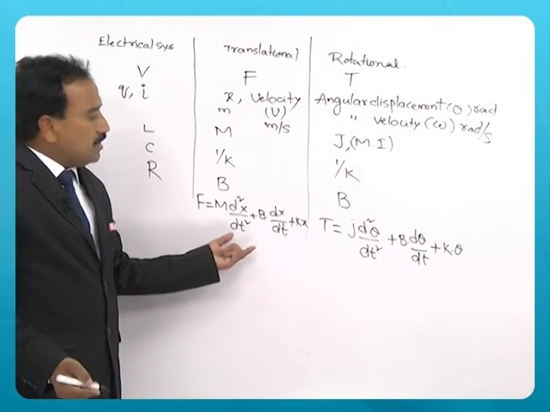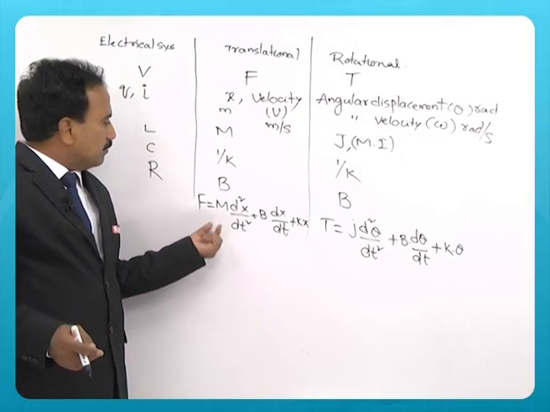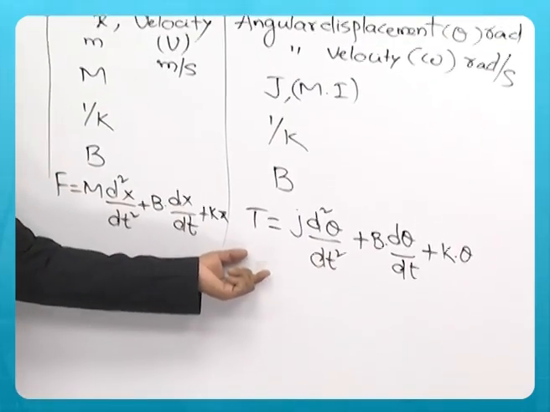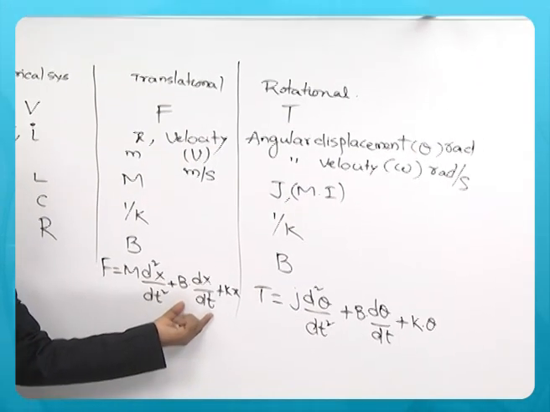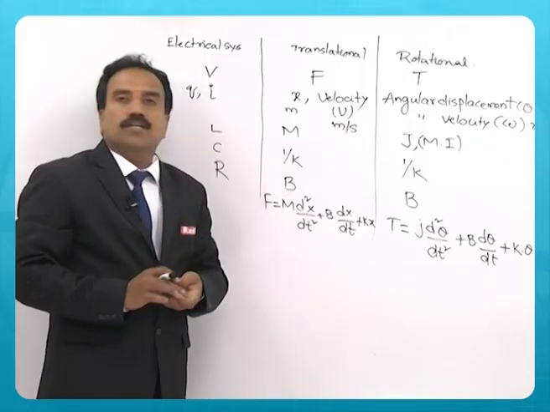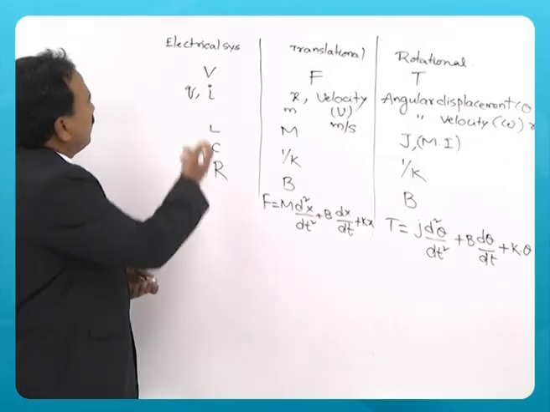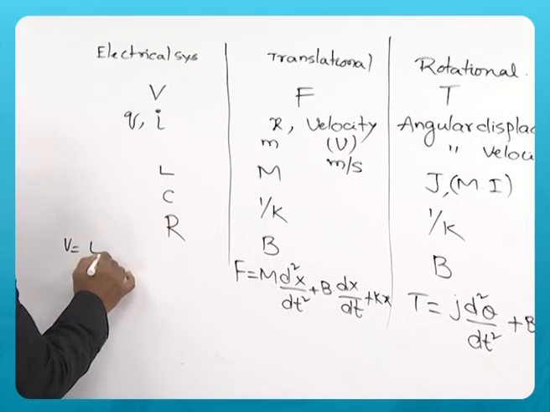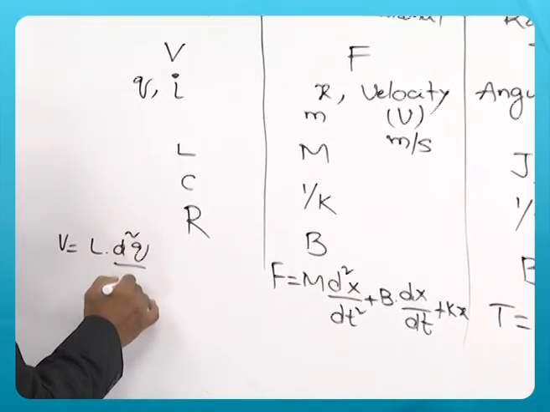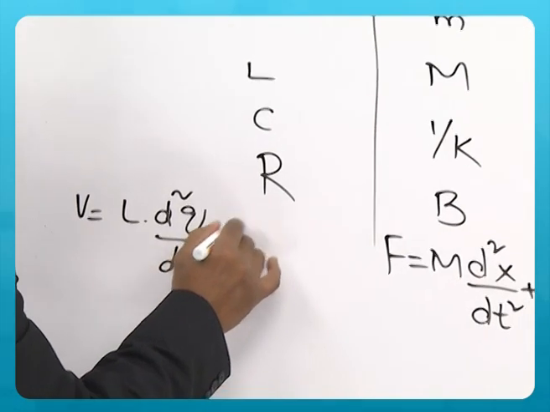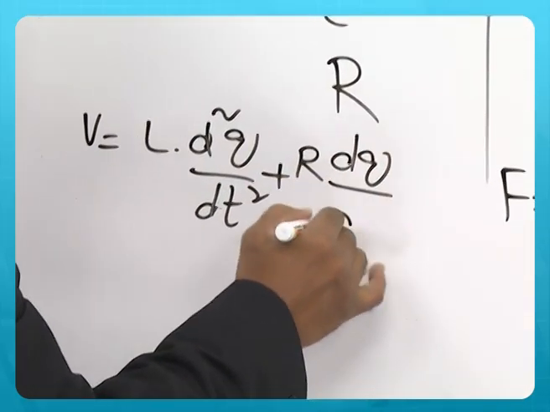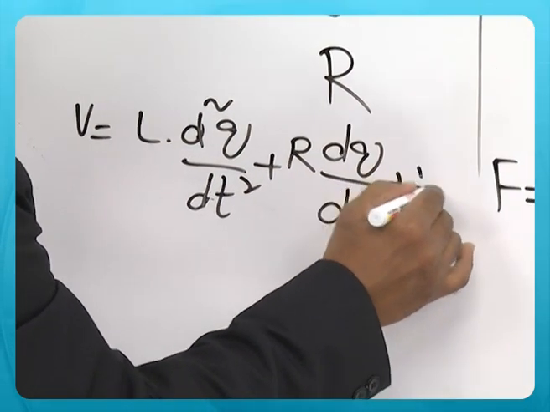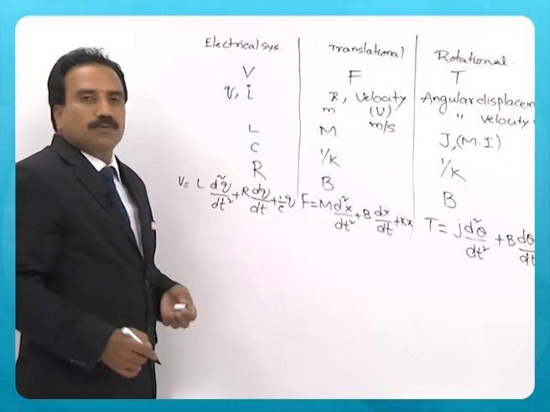So, very easy to remember, you can see that force and here it is a torque, displacement of linear, but here angular displacement. And this equation anyway we have seen just now, V is equal to L d square q by dt square plus R dq by dt plus 1 by C into q.